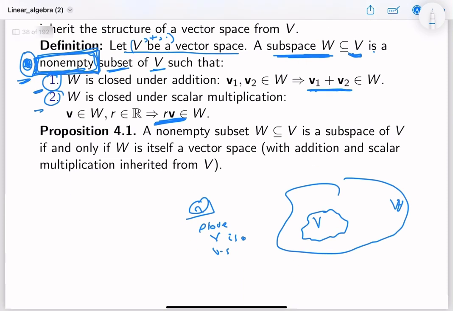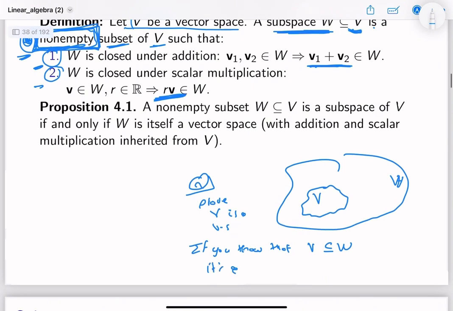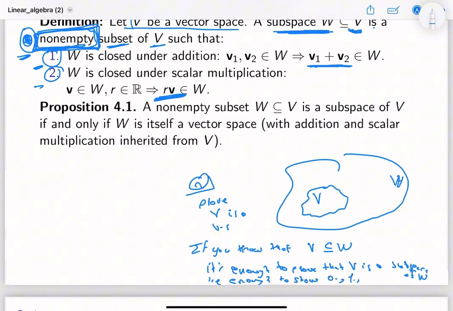If you know that V is a subset of omega, it's enough to prove that V is a subspace of omega, if we're using the same operations, of course, which means it's enough to show property 0, property 1, and property 2.